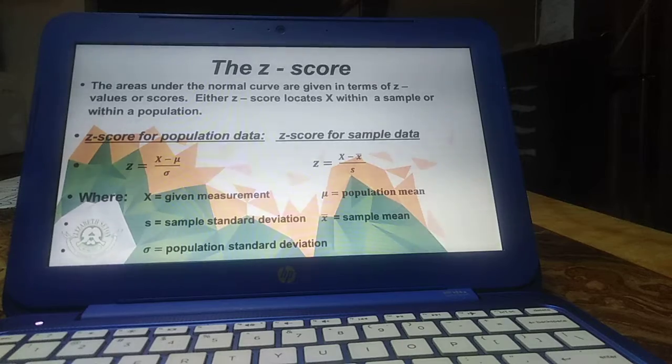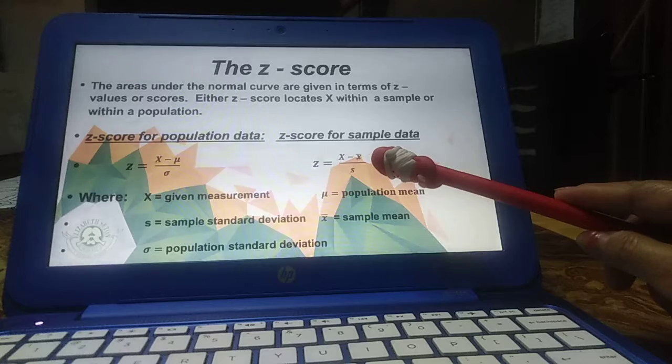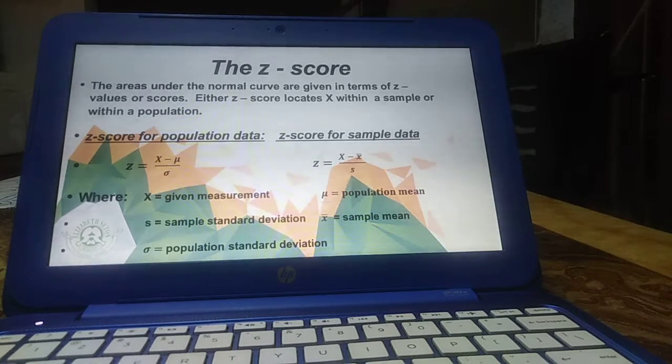To solve for the z-score for sample data, we have the given measurement minus the sample mean divided by the sample standard deviation. Knowing the formulas, we can now apply them to problems.